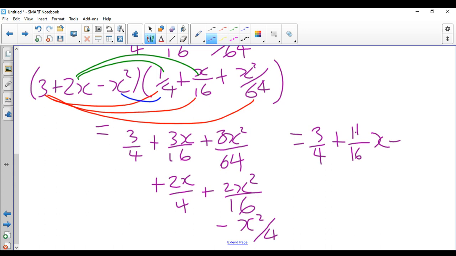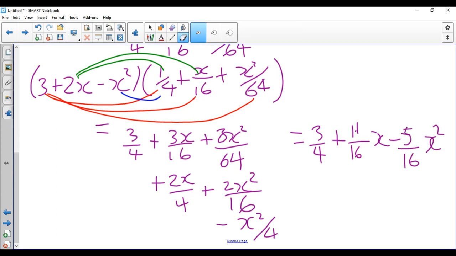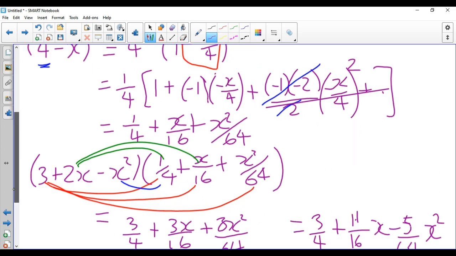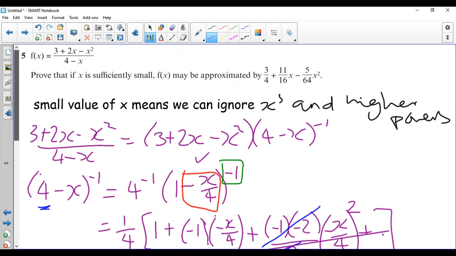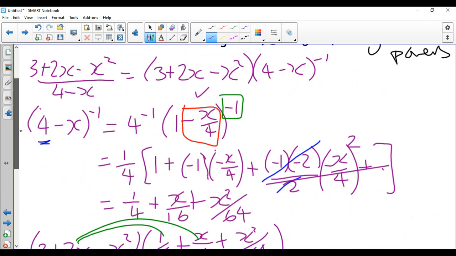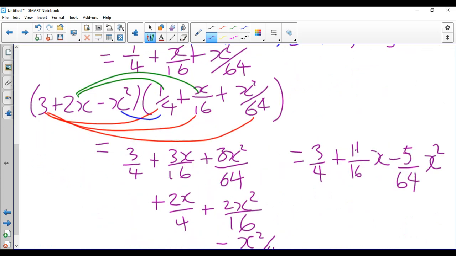And wait a minute, not 5 over 16. Can't read my own calculator. 5 over 64. Right, go back up and check. Yeah, 3 over 4, 11 over 16, minus 5 over 64. And I even spotted the error before I checked. Of course, always do double check. A really nice question, that one. Hope you enjoyed it.